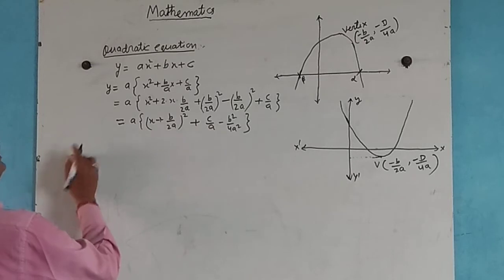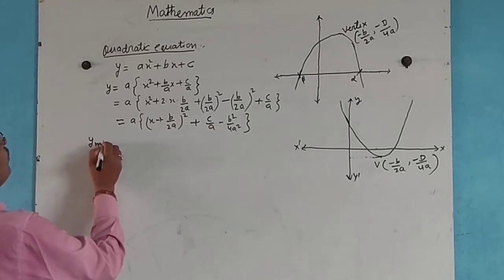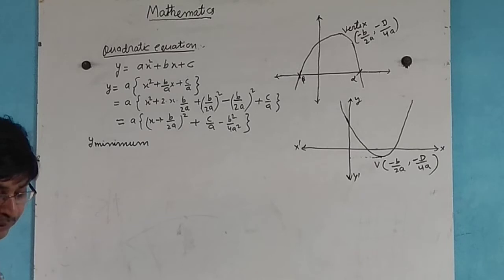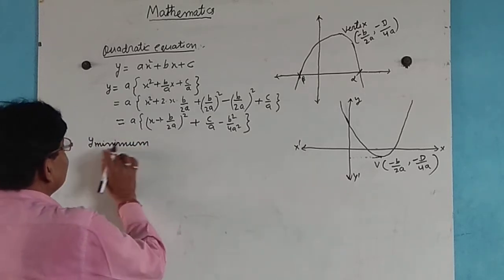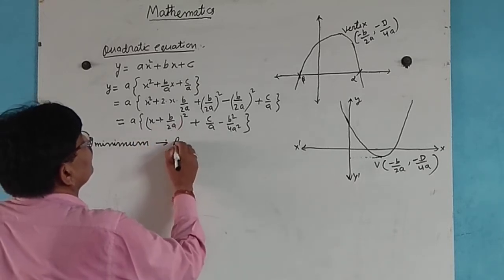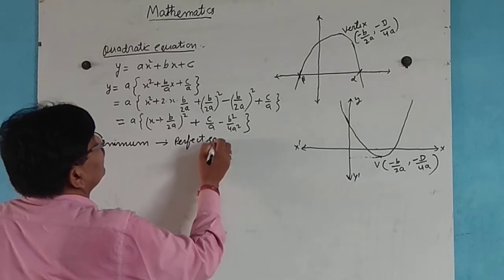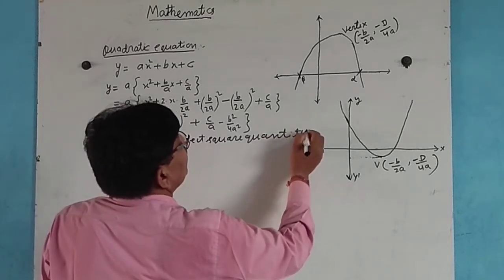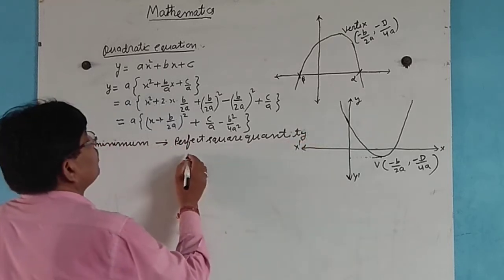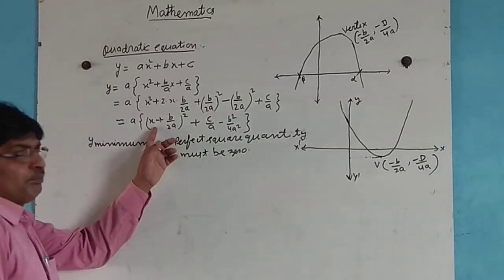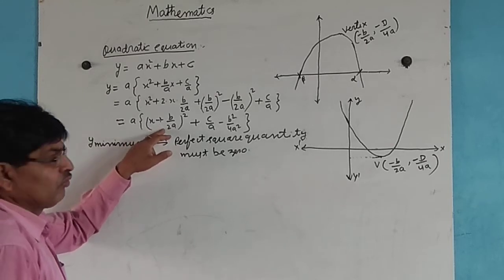For the minimum value of y, the perfect square quantity must be 0, because if the expression is negative, then its square becomes positive.